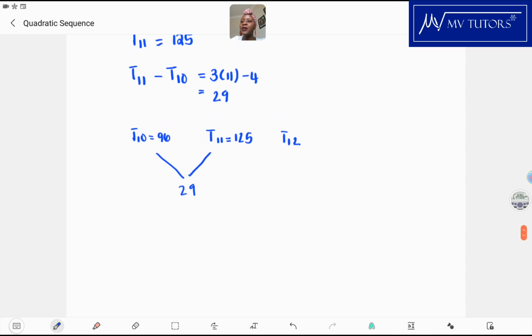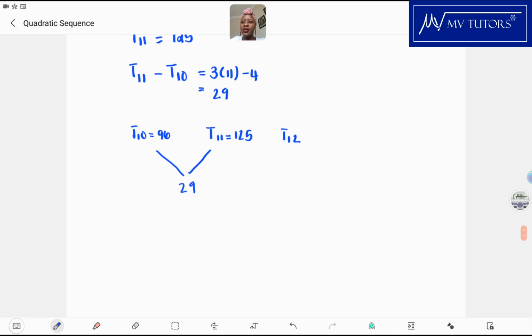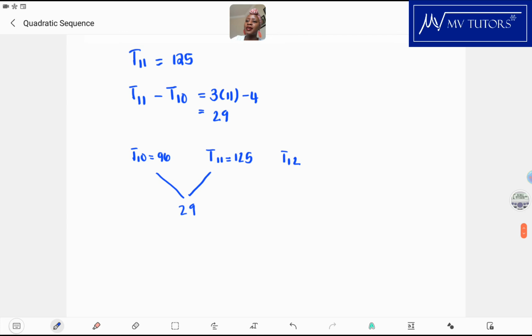Okay, out of interest, I'm going to get the 12th term and the 13th term. Okay, so if I were to get the 12th term, sorry, it should be the 12 minus the 11 would be 3 times the 12 minus 4. So 3 times 12, that's 36. 36 minus 4, that is 32.